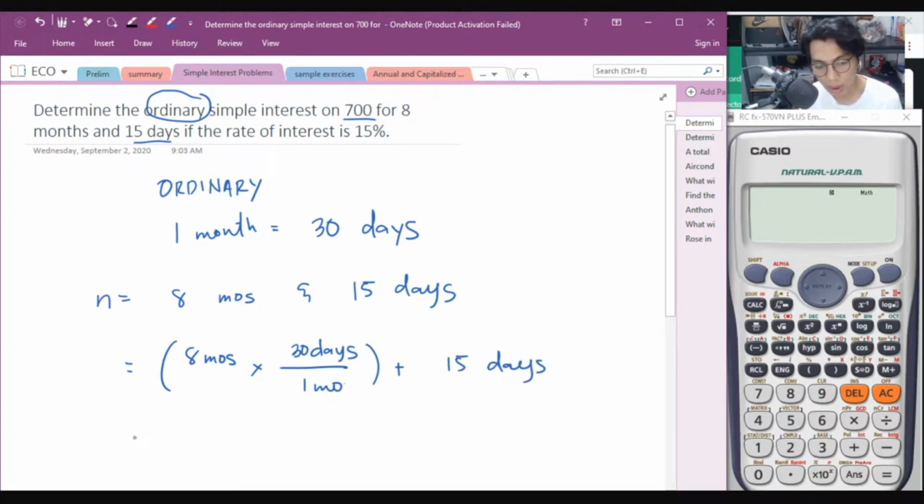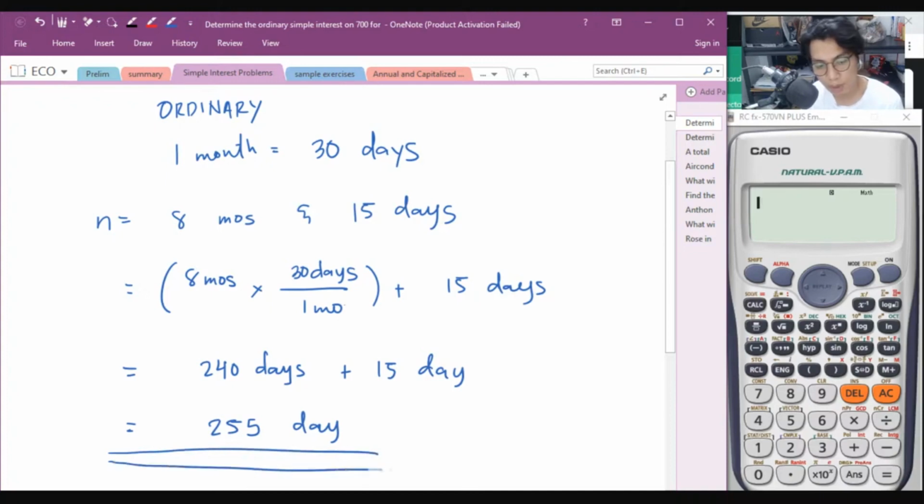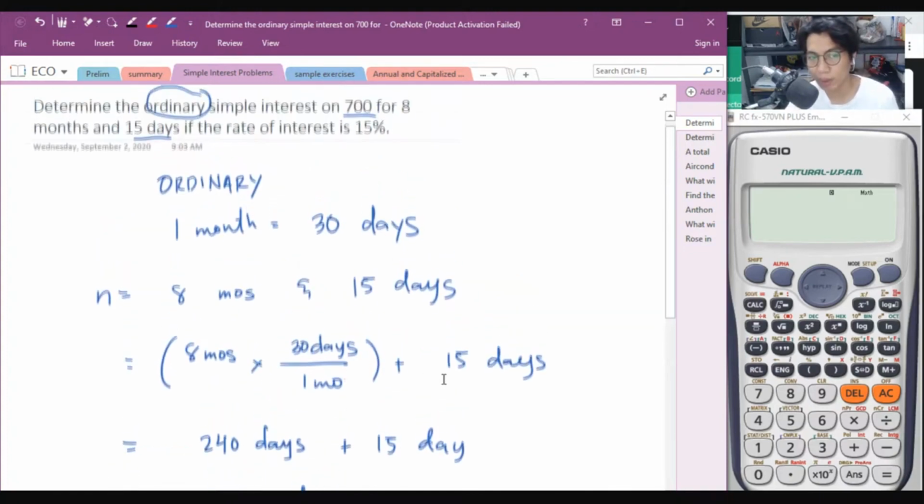So, 240 days plus 15 days. How many days do you have in your term? That is simply 255 days. That is the period or interest period that you have.